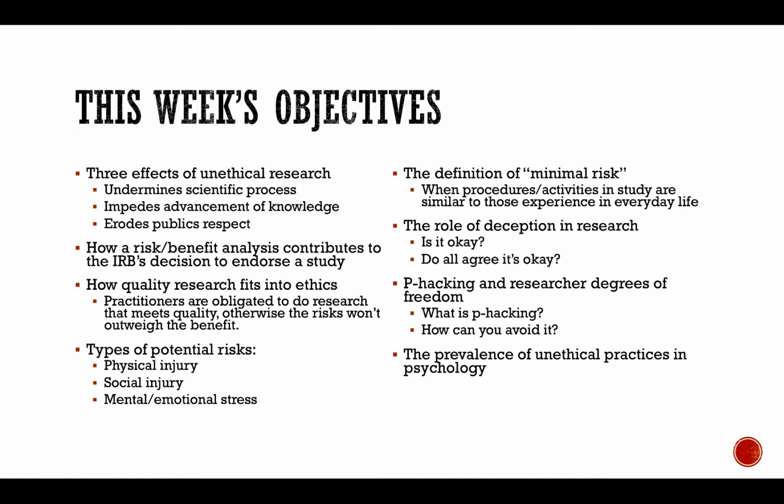And by the way, I forgot to mention this. Some people disagree. Some people say that deception is never okay. And read your book because that's an important argument to make. So go ahead and read your book for more information on that. And then we talked about p-hacking and researcher degrees of freedom, and then the prevalence of unethical practices in psychology.